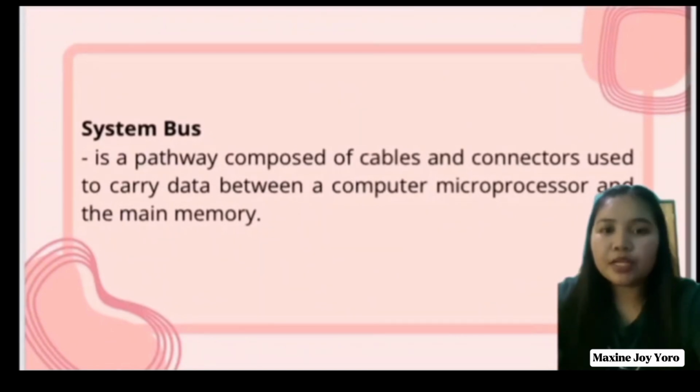The system bus consists of cables and connectors that enable the transfer of data, instructions, and signals between these components. It's a crucial part of a computer's architecture, facilitating communication and data exchange between various parts of the system.